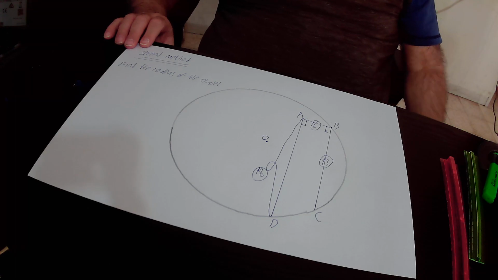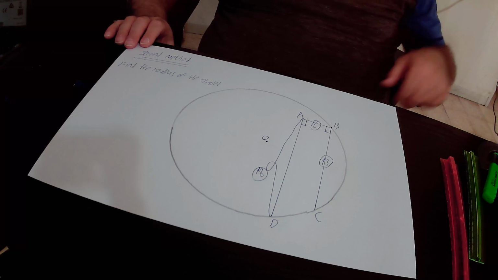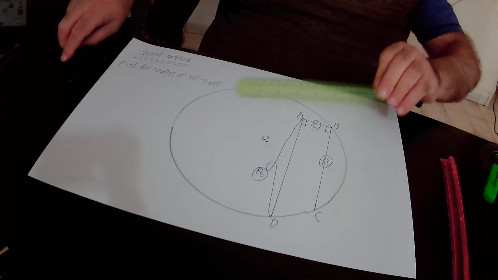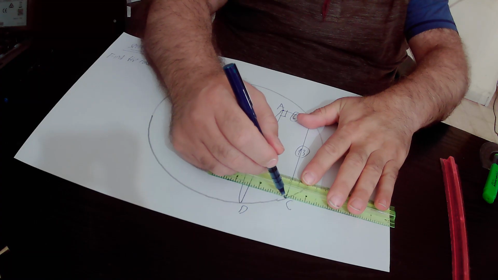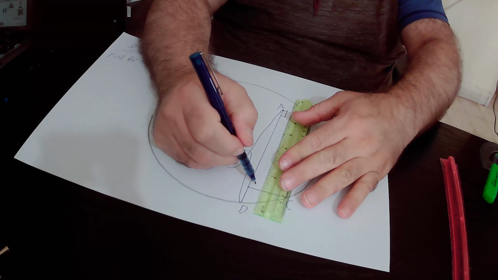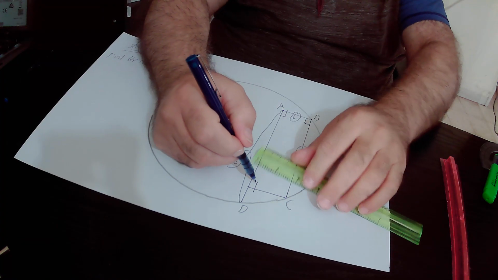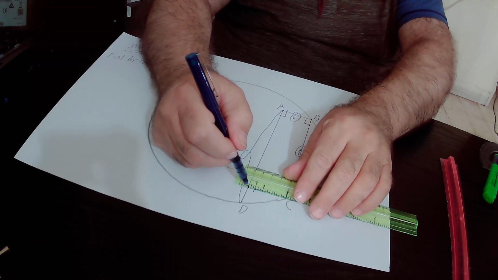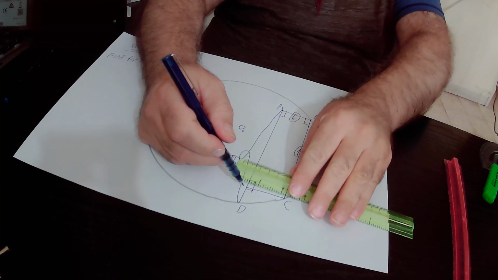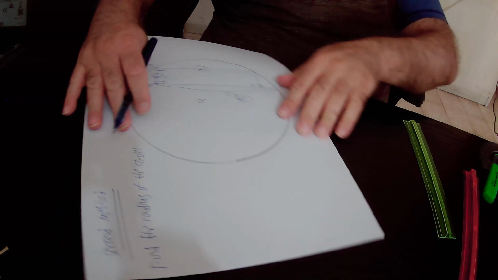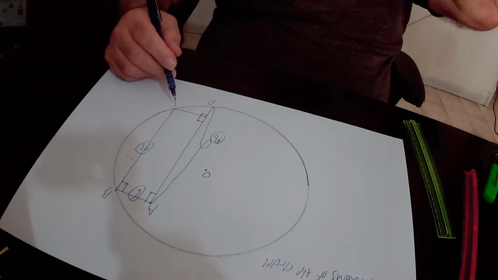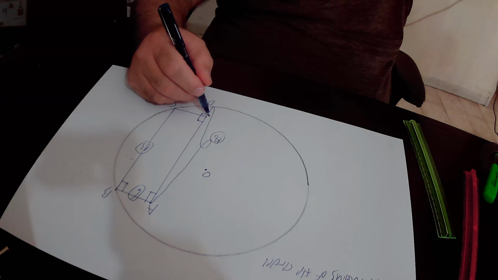So in the second method, in the first step, we'll do the same thing that we have already done in the first method. That is to say, from point C, we will draw a perpendicular on AD. So this angle equals 90 degrees. And this angle will also equal 90 degrees according to our construction. We define the touching point of the perpendicular from point C and AD as E.